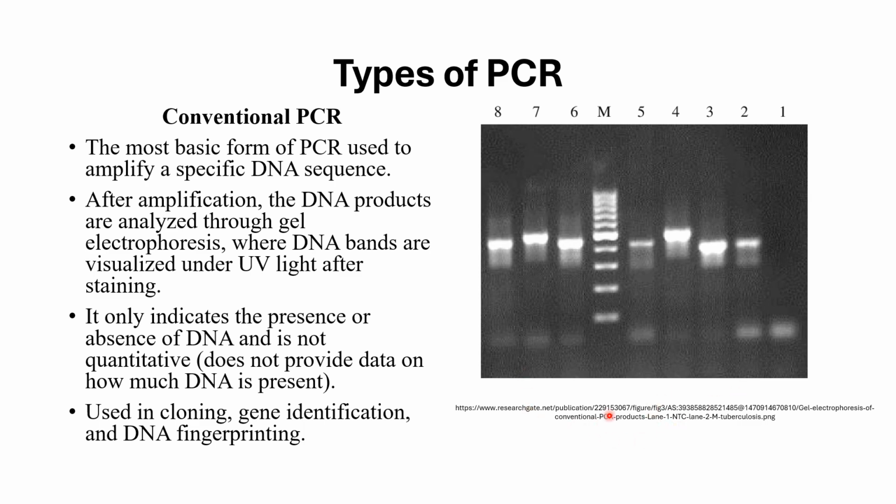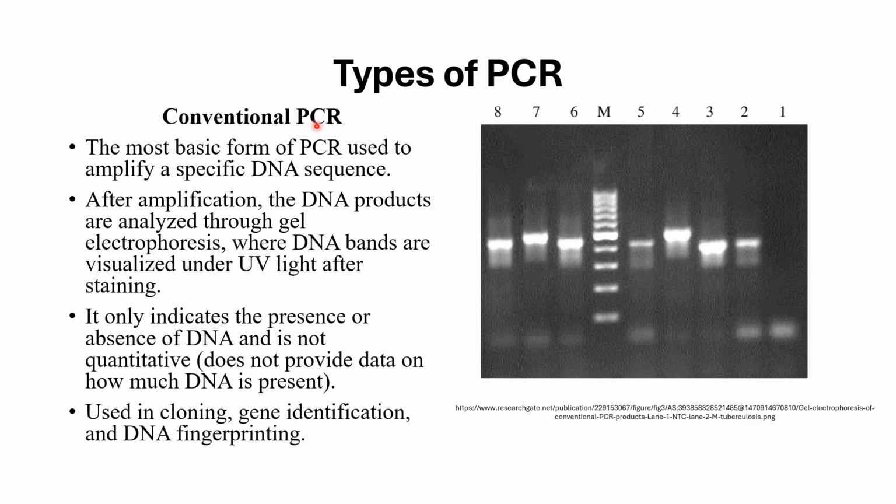In this, we can see we had several samples labeled 1 to 8, and here in the middle is what we refer to as the ladder or the standard DNA. Once the DNA is amplified and put in the gel, the fragments will move accordingly, and here we are able to identify the presence of particular DNA corresponding to the gel.